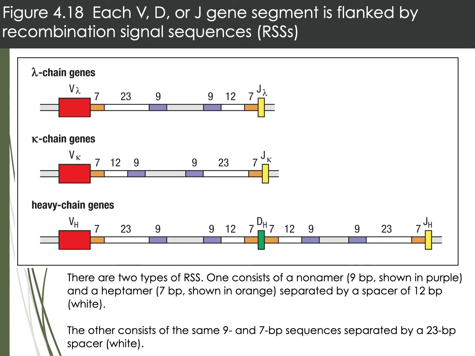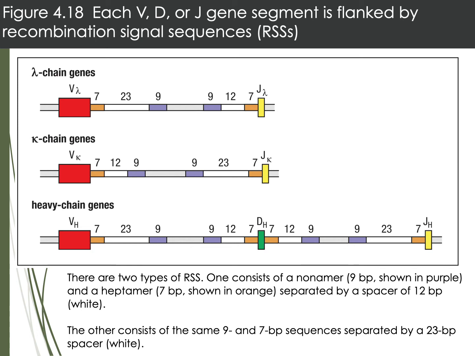And you'll notice that there are these different segments in there. There's the 7, which is our heptamer, and then our 9 base pairs, which is shown in the purple, that's our nonamer. Okay, so again, remember, because you're going to see a figure in a couple minutes that's going to show you these again, but with an enzyme bound to it.